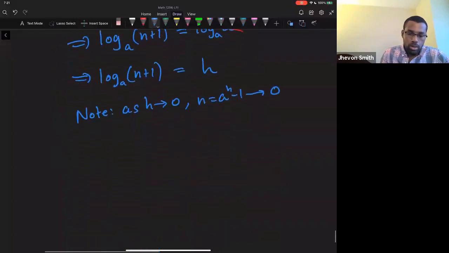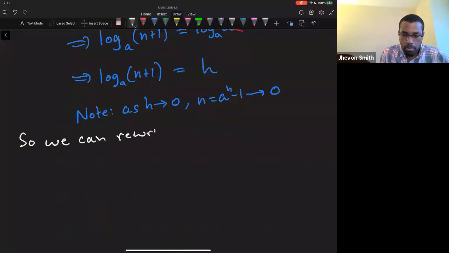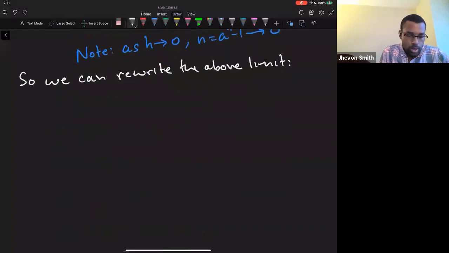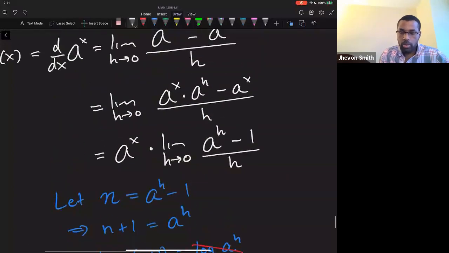So now, we can rewrite the above limit. Remember, this was a to the x times this limit right here, limit as h approaches 0.